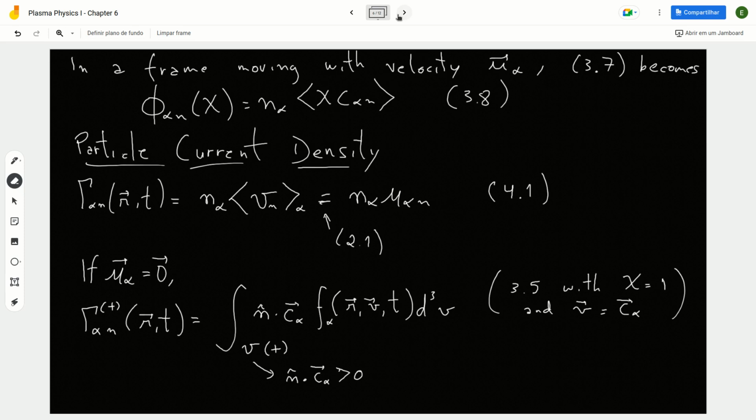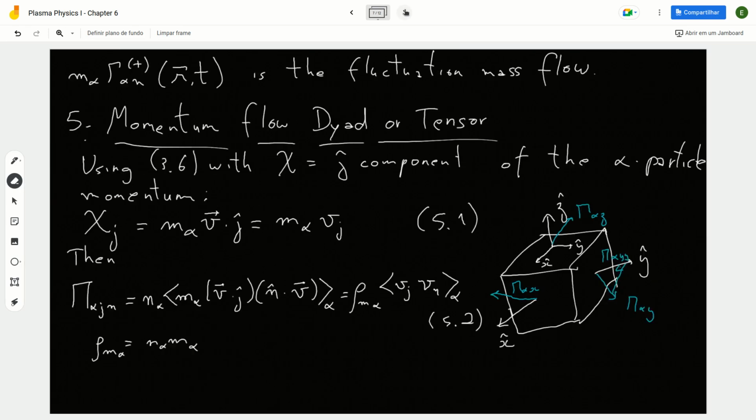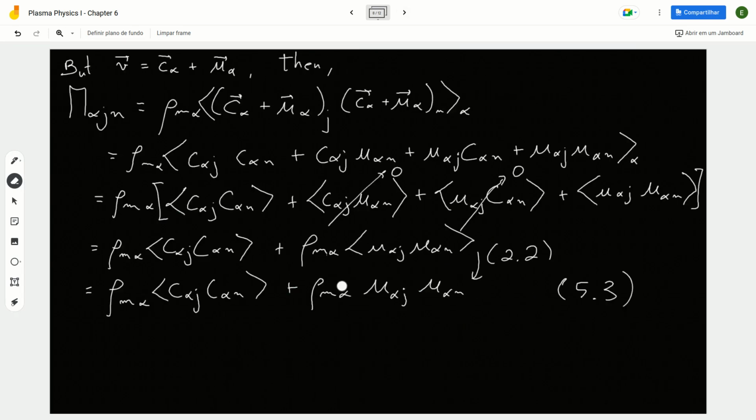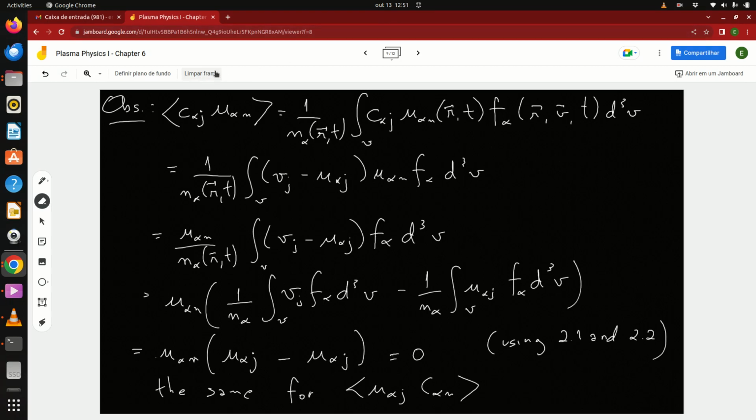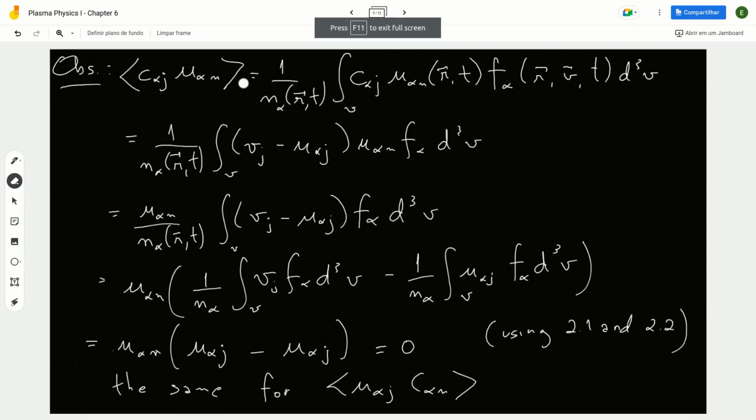So, since you're going to use only the fluctuation velocity, I will use this definition of the momentum flow, but only for the fluctuation. So this part will be 0. So this is what we want. Oops, I did something wrong here. Where is it? Okay.